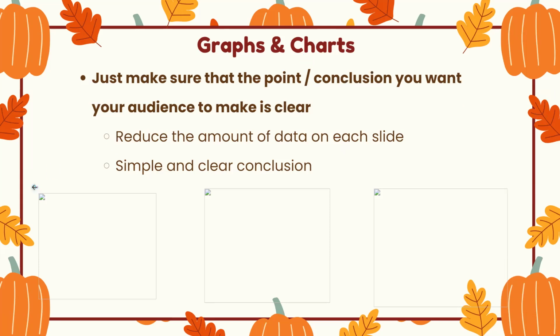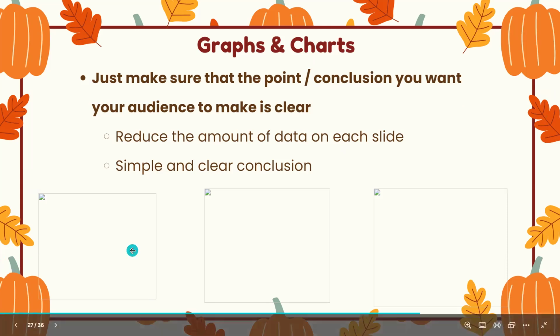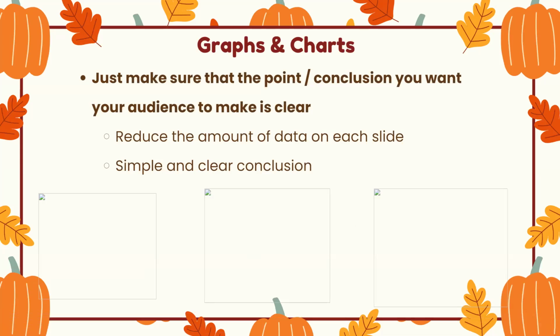But if there's too many colors and numbers and the data blends together, we're not leading our audience to understand our point. Here I had a complex chart, a simple chart, and a regular chart, and I will post those on D2L so you can see them.